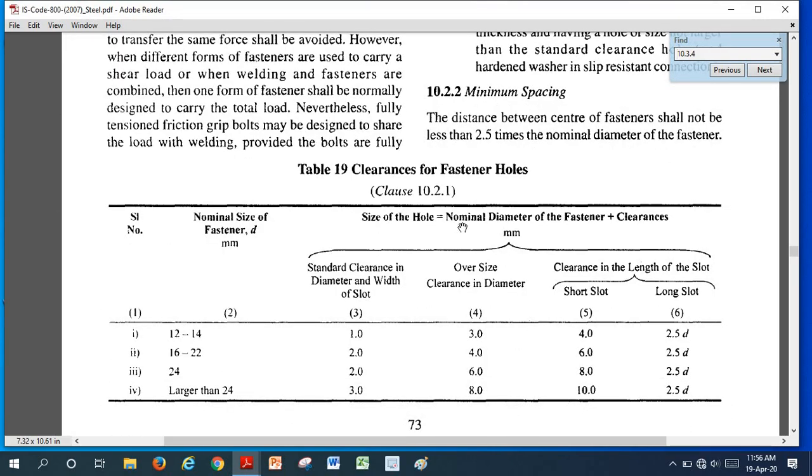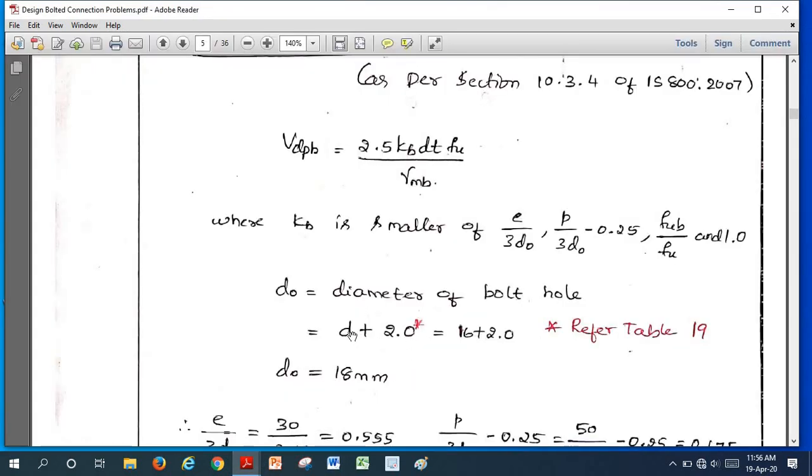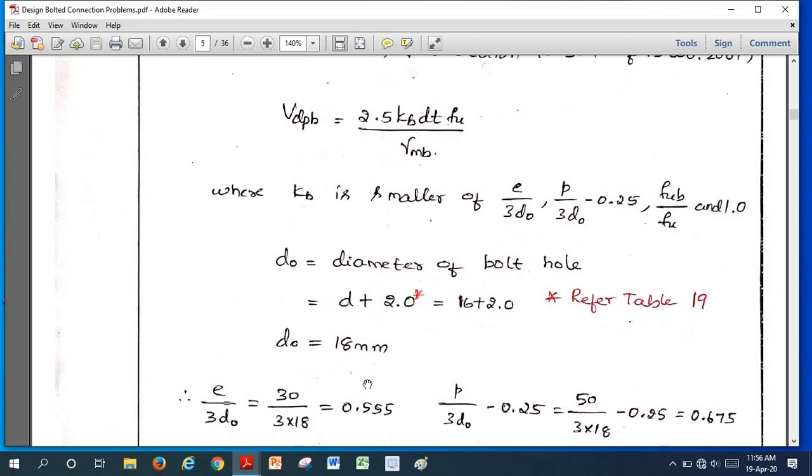The size of the hole, d0, should be equal to the nominal diameter of the fastener plus clearance. This is table number 19, with the diameter of the fastener, that is the bolt. For bolts of diameter 16 mm in our case, for 16 to 22 mm we should take 2.0 as the clearance. Therefore d0 will be d plus 2.0, which comes out to be 18 millimeter.